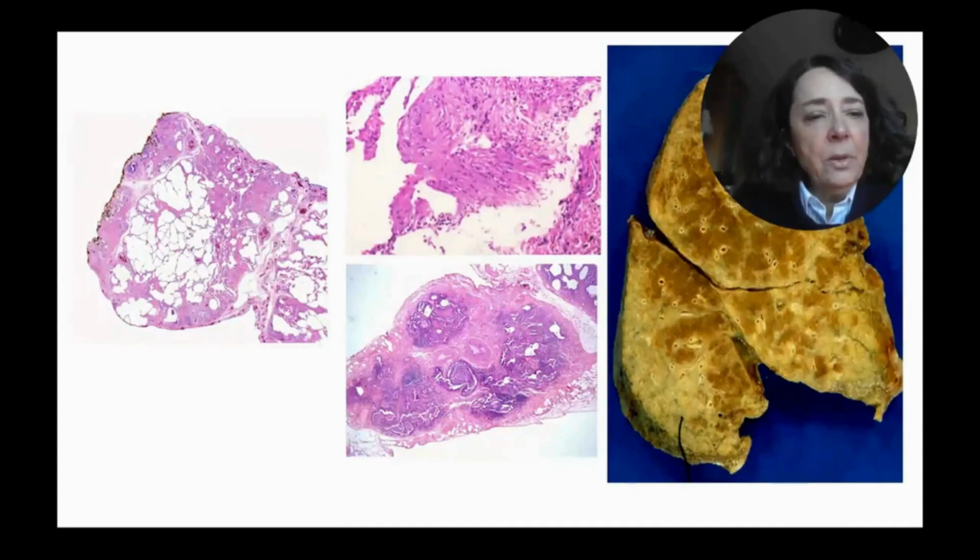The three typical histological features that we have to look for in a UIP are peripheral and paraseptal fibrosis, fibroblast foci, and honeycomb. When you have these three things, the diagnosis is UIP, usual interstitial pneumonia.